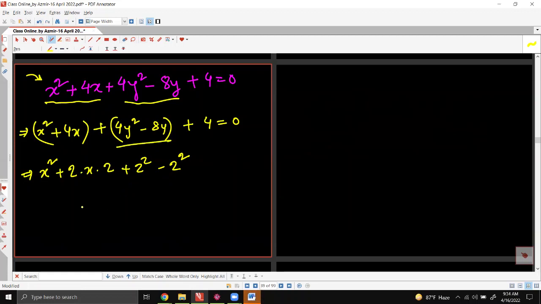And now for this, what we can do is just take 4 out. Let's say 4 is factored out. So 4y squared minus 8y can be written as 4 times y squared minus 2y.